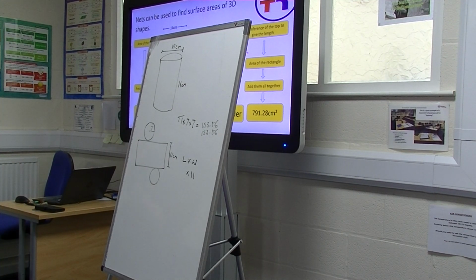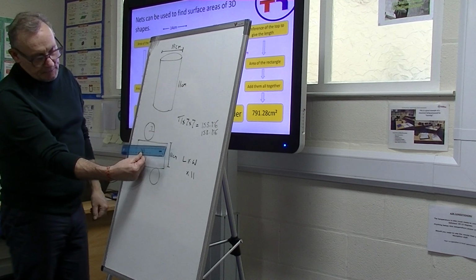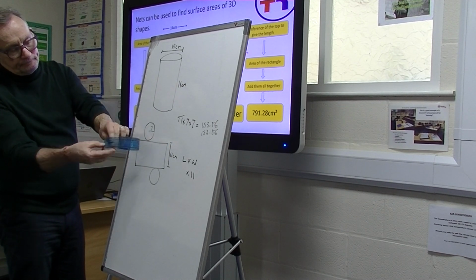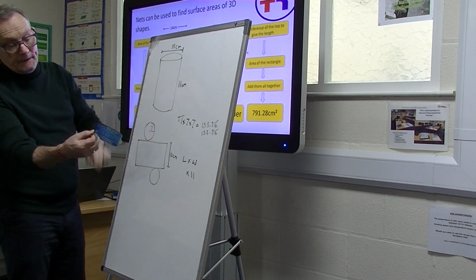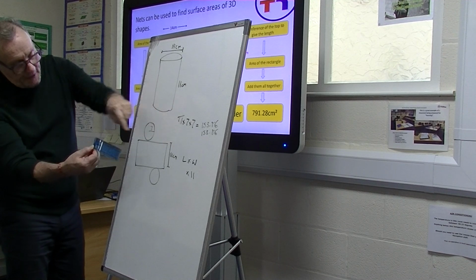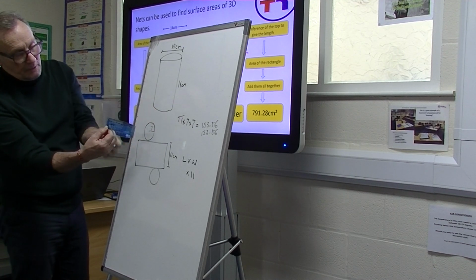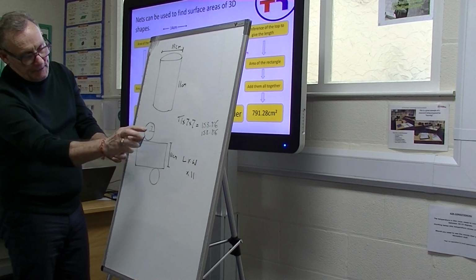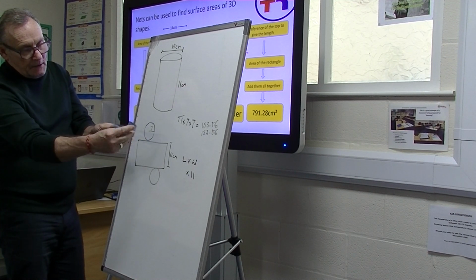I can use my ruler as an example: that's a rectangle, and that is now a cylinder. When you open the ruler up, the top of the ruler is the length that we need.